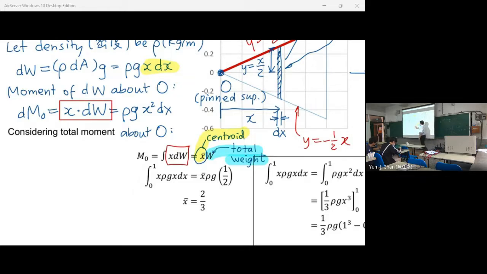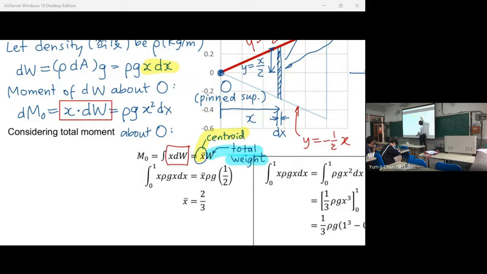So how do we go on? Of course, first of all, x dW is equal to rho g x squared dx, which is equal to this thing. And should we do the integration from where to where?